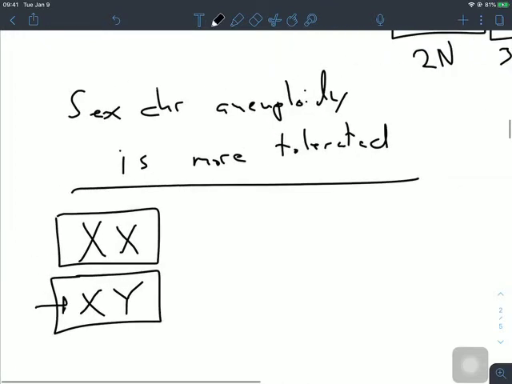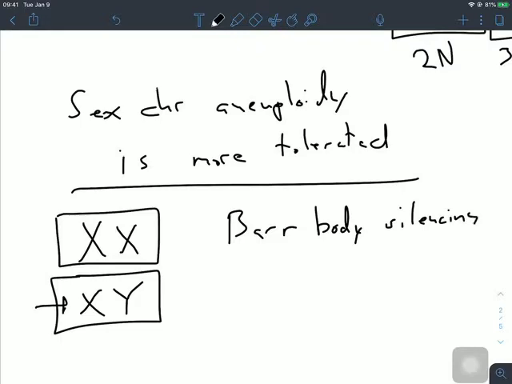Well, it has to do with the fact that we are able to selectively methylate or quiet down an individual chromosome at a time. This method, called bar body silencing, is named for the fact that the bar body is the chromosome that is formed when you methylate an X. It looks like a big purple dot when looking at it under a microscope.